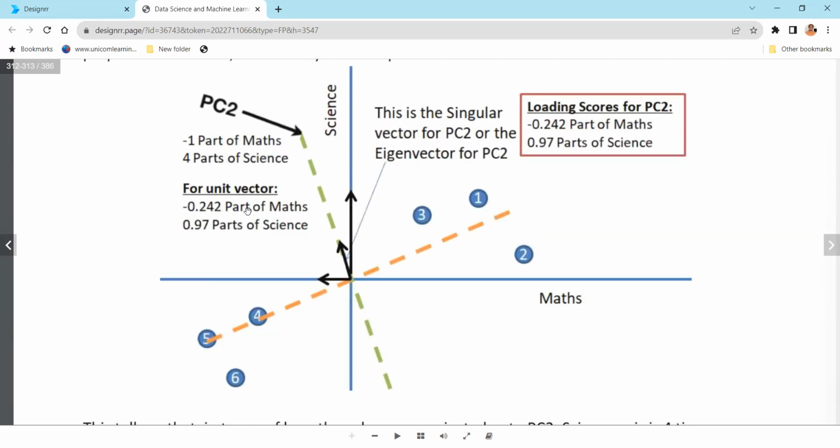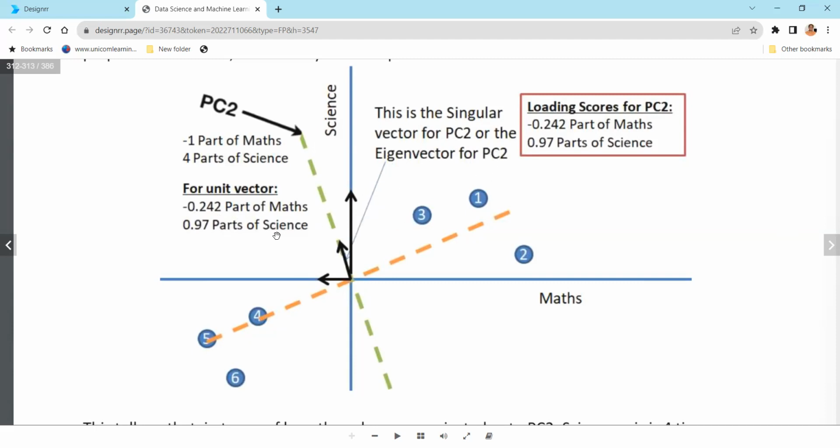X becomes minus and y becomes positive. So you swap the values here. So maths will take science value, because you're changing 90°, right? So 90°, this is what you will get: minus 0.242, 0.97. The 0.242 is coming from the science part here.